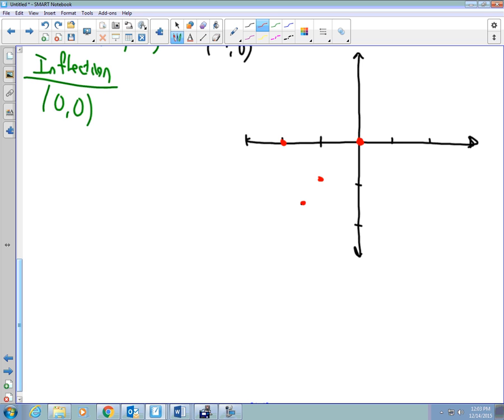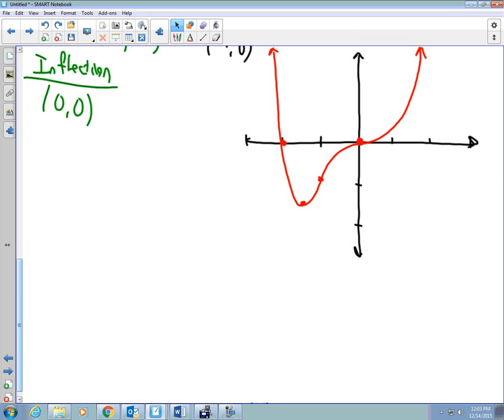Does the graph start by decreasing, or does the graph start by increasing? Decreasing. So I start up here. I'm decreasing. So you can see concave up, concave down, concave up, decreasing, increasing, increasing.